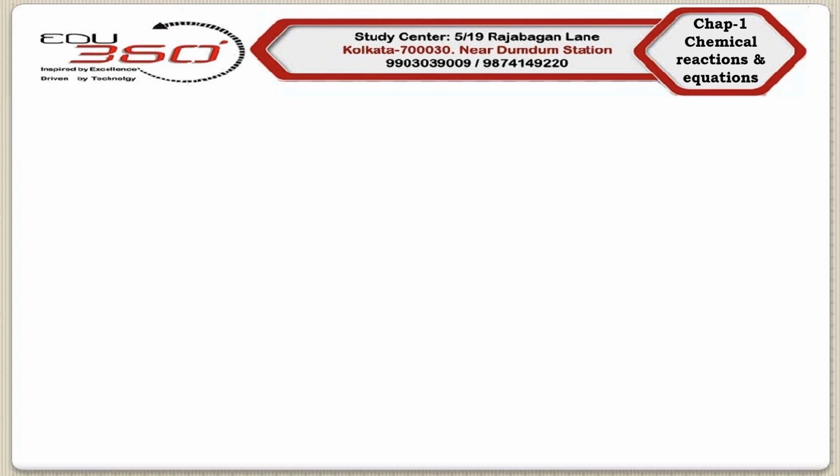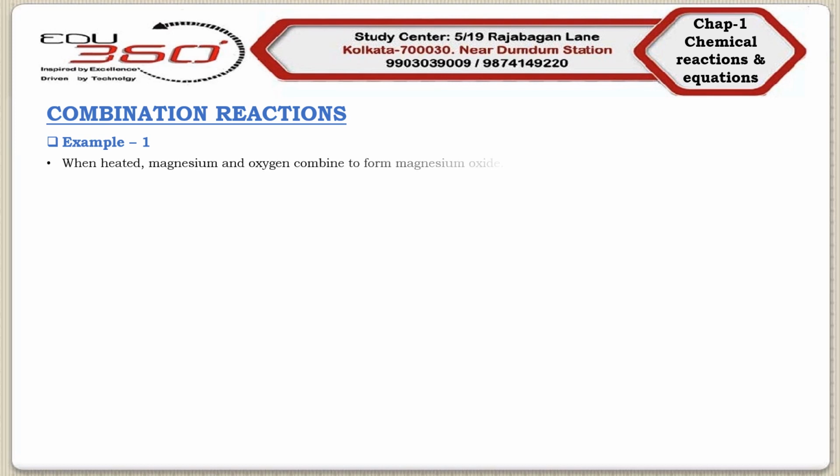In our first example of combination reactions, we will consider the combination of two elements: magnesium and oxygen. When heated, magnesium and oxygen combine to form magnesium oxide.